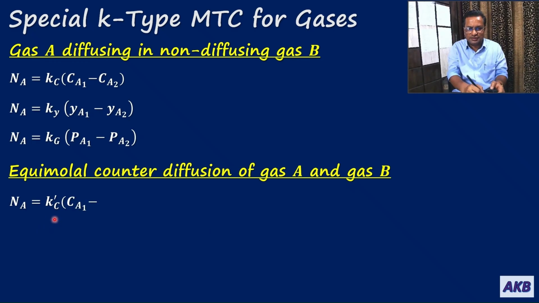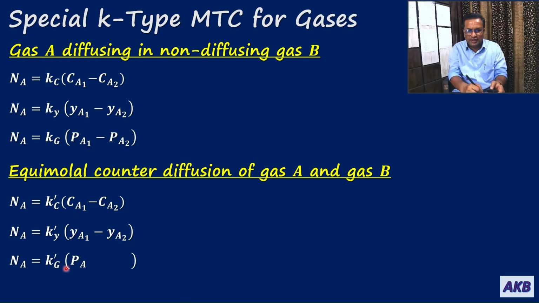Then for equimolar counter diffusion of gas A and gas B, you have Na is equal to K dash C into Ca1 minus Ca2. So K dash C is the mass transfer coefficient when the concentration gradient is molar concentration difference and there is equimolar counter diffusion of gas A and gas B. I have discussed all these relations in my previous video. Then you have Na is equal to K dash Y into Ya1 minus Ya2. Then Na is equal to K dash G into Pa1 minus Pa2.